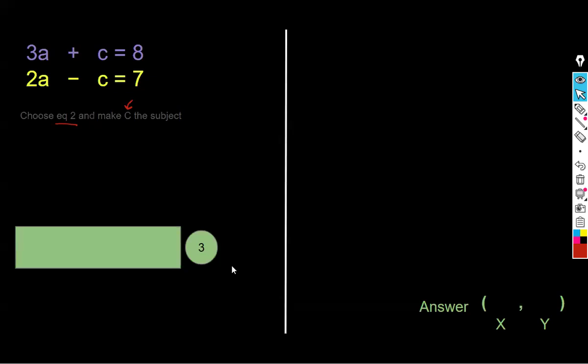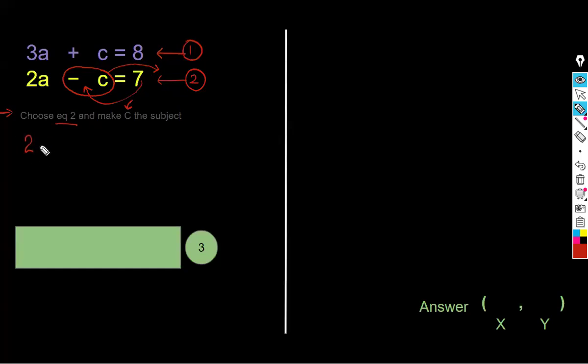The easiest way to make C the subject here, right? Sorry, we're going to write equation 1 and equation 2. When you choose equation 2, because that was my instructions, the easiest thing to do would be to draw across minus C to get positive C, because you're already trying to make positive C the subject. And then you can just take positive 7 and throw it across on the other side to get minus 7. So it's a kind of switch, right?